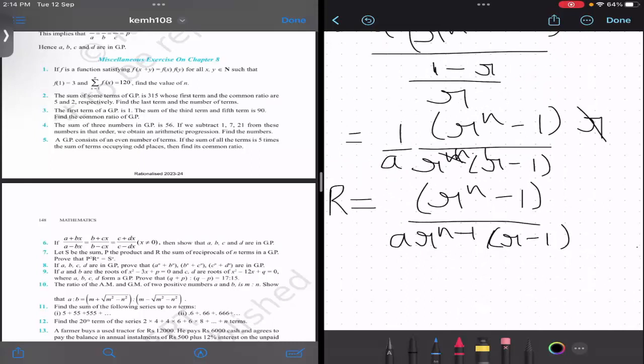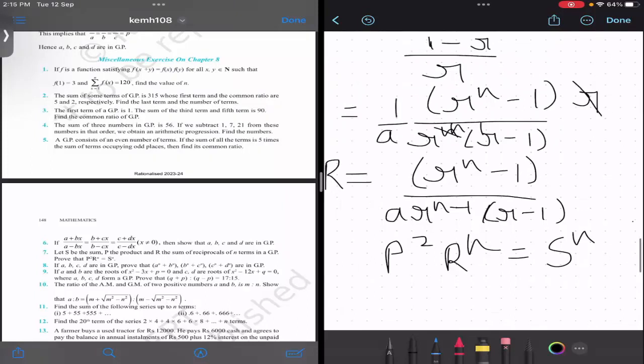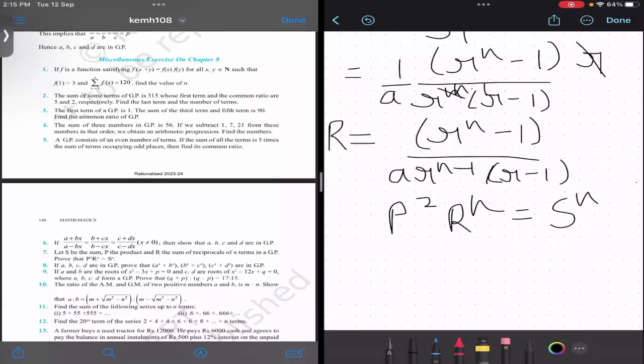We have been asked to prove that P square R raised to power n is going to be S raised to power n. So let's see what P square is going to be. P square is going to be a raised to power n, r raised to power n into n minus 1 by 2, whole squared.